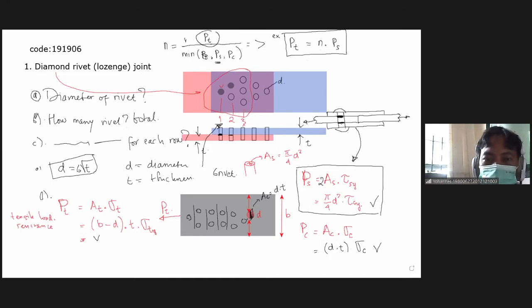Okay, so please wait a minute. I will give you a problem first to determine the number of rivet.